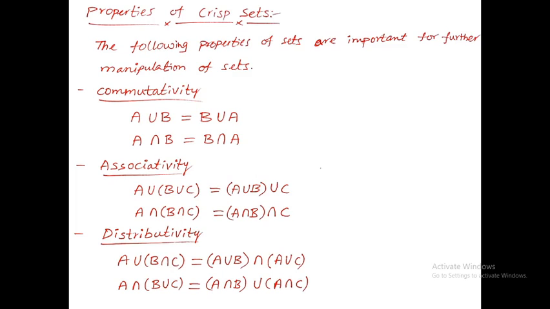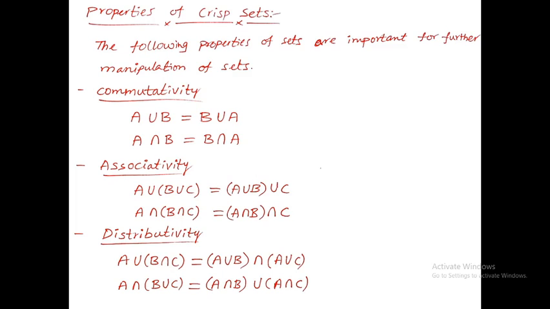One is the commutativity property. Under this property, A union B is equal to B union A. If A and B are two sets, then A union B is equal to B union A also.